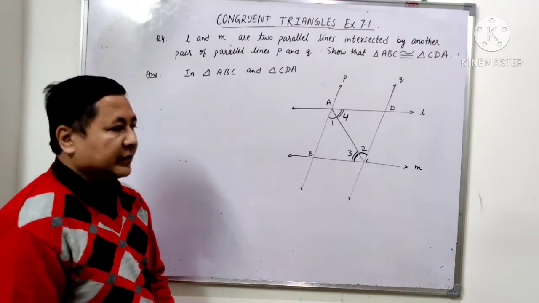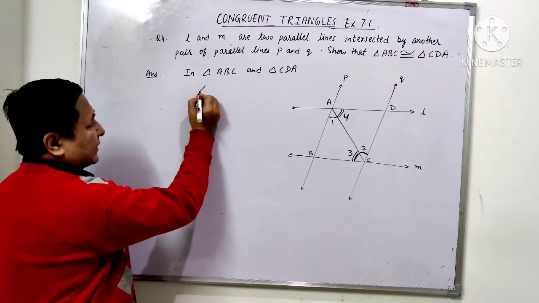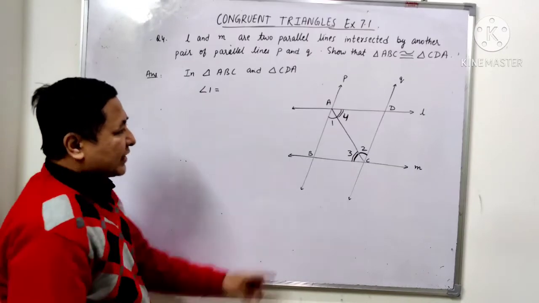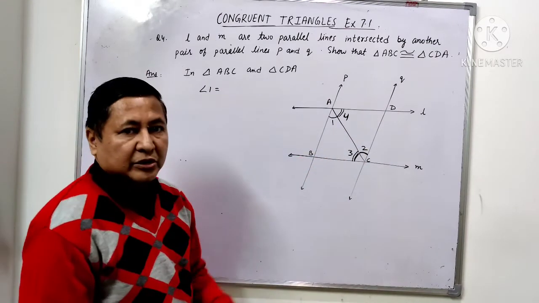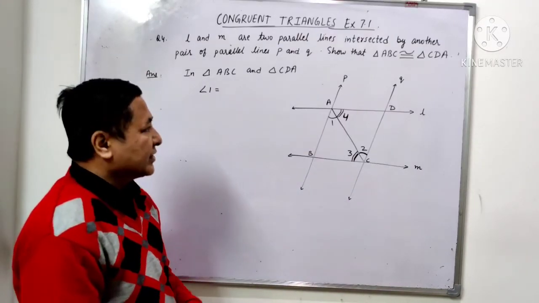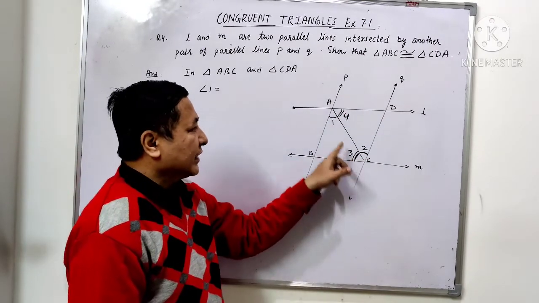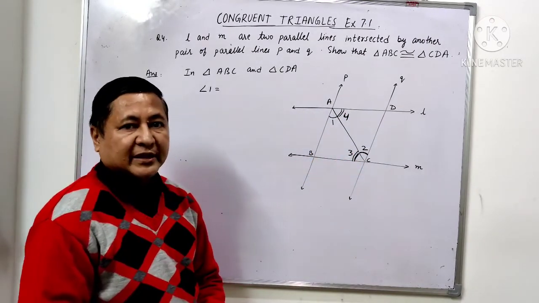Now to prove it congruent, first in triangle ABC, if you see this angle 1 and this angle 2, they are equal, and the reason is that P and Q are parallel lines and they are forming alternate interior angles.